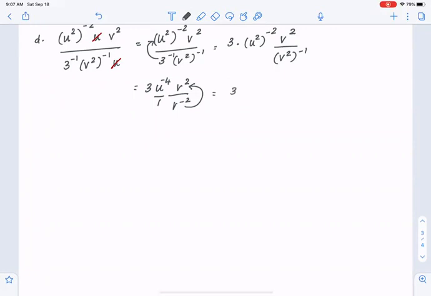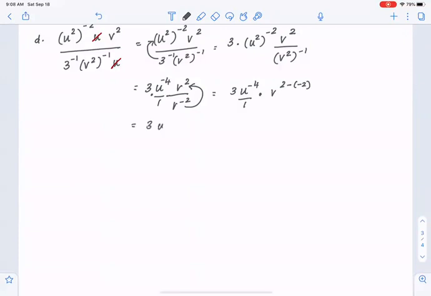So 3 u raised negative 4 multiplied by v raised 2 minus of minus 2, because I have to subtract the powers, or moving it to the numerator and using the quotient rule are one and the same.